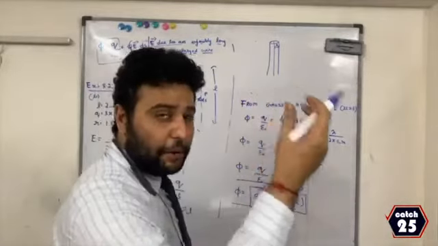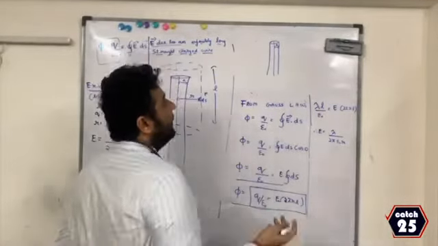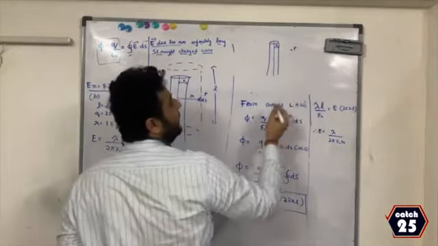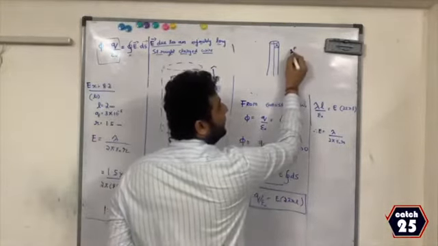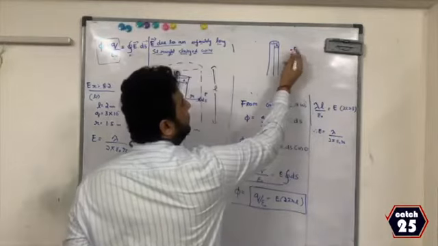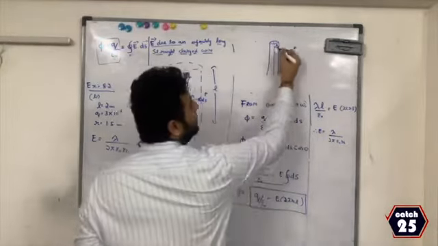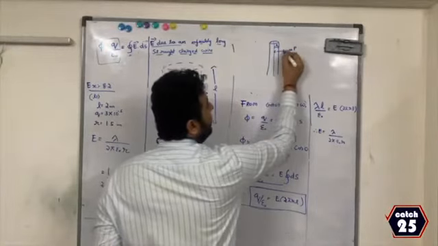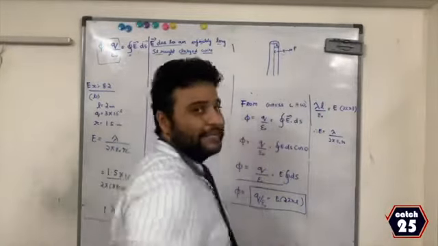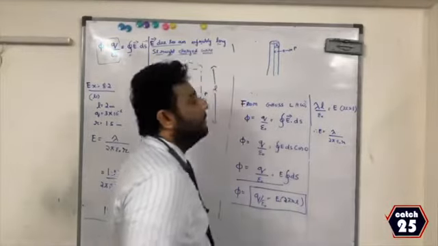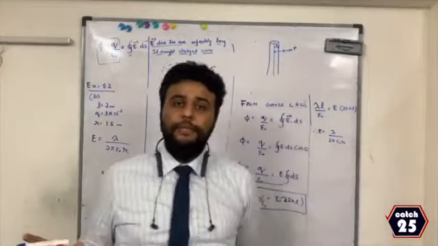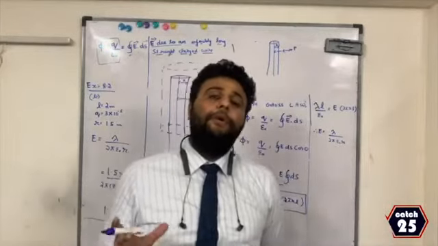You have seen a wire in optics. Now let me consider a point P. I have to find electric intensity at this point due to this wire, and let this point be at a distance capital R from the axis of the wire. Now you know from the previous derivation that to find electric field using Gauss theorem, electric field can be found only for a closed surface.